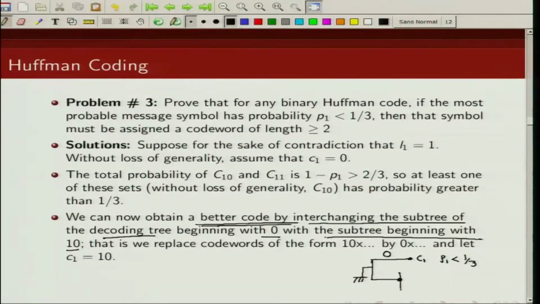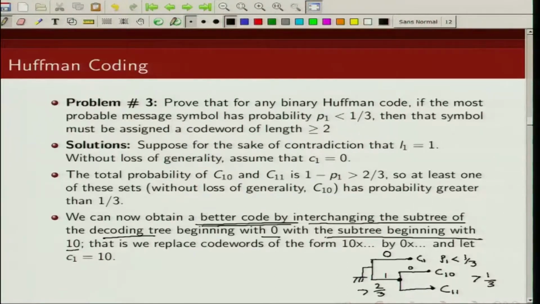But we just found out that this particular node should have probability greater than 2 by 3. In other words, either C10 or C11 should have probability greater than 1 by 3.